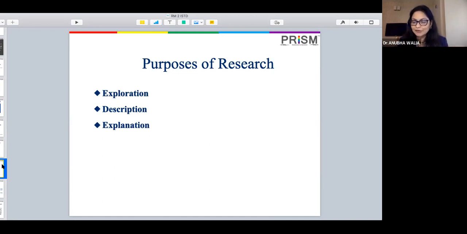It's just like an Ishikawa diagram, the fishbone, which talks about the effect and what causes it. It explains and deals with the why element of the research question. So descriptive is what and how, and explanatory is why. All right, this is very, very crucial and important.